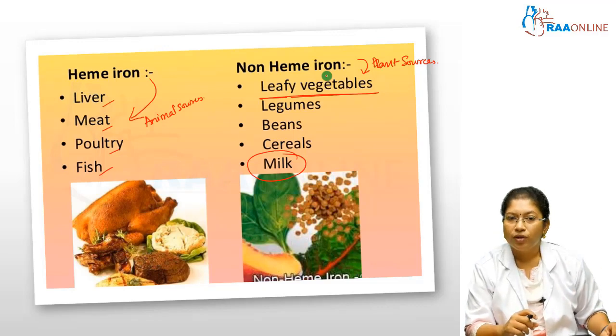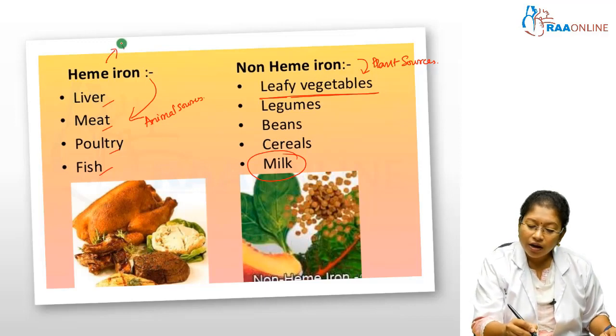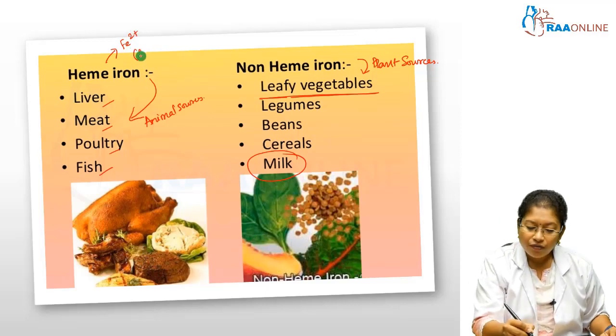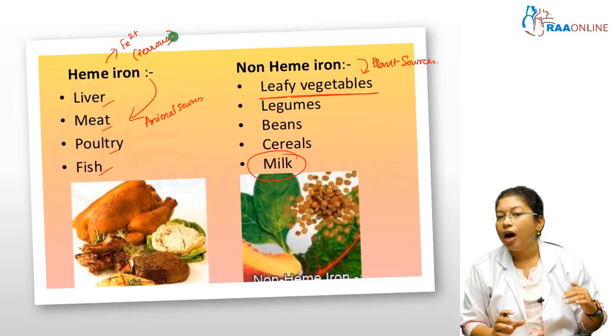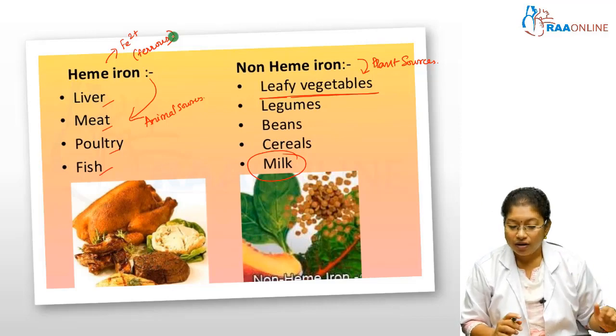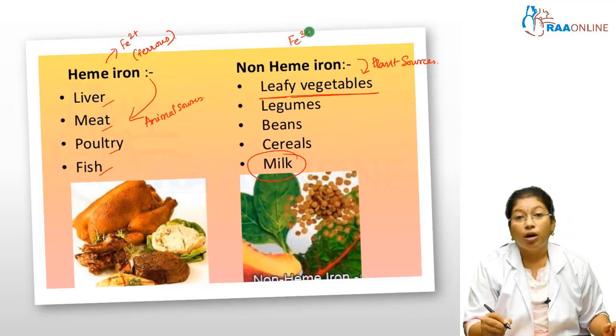Your heme iron contains iron in Fe2+ form, that is the ferrous form, which is the form that is easily absorbed. Only iron in ferrous form is easily absorbed through the intestinal lumen, whereas Fe3+ is not absorbed.